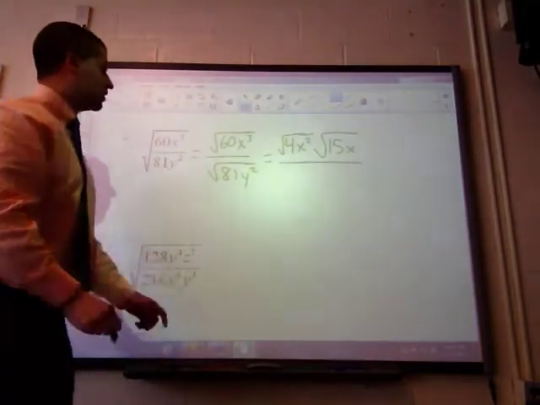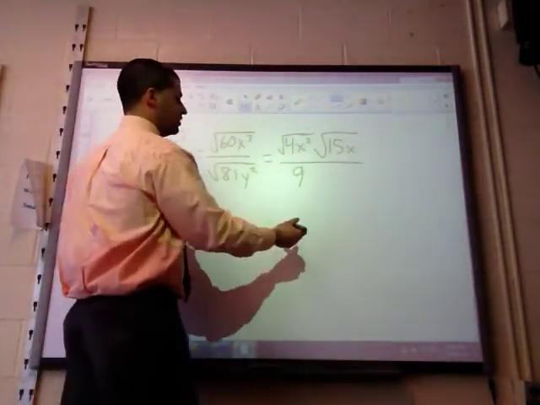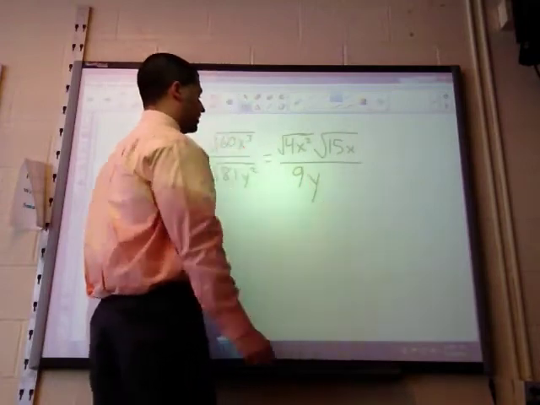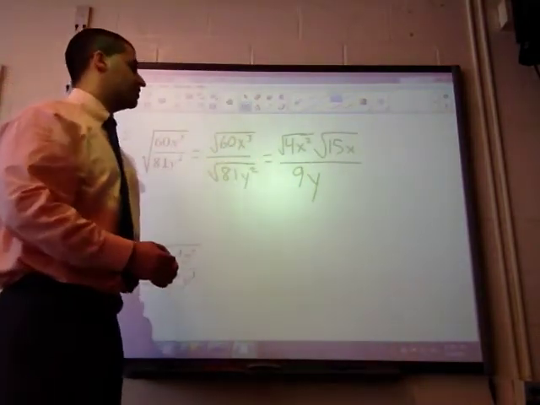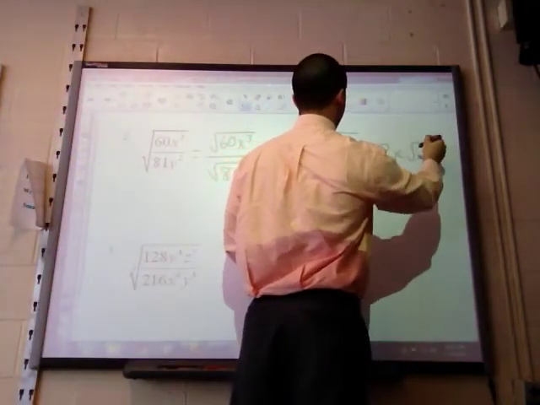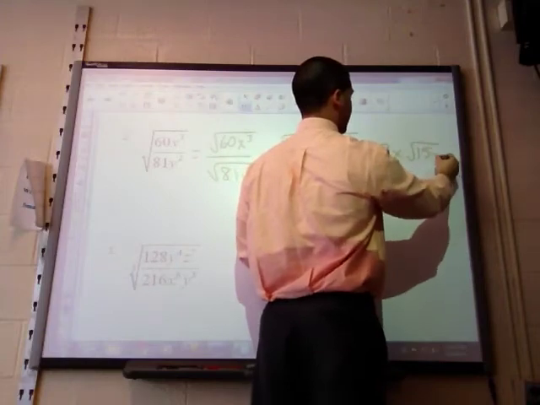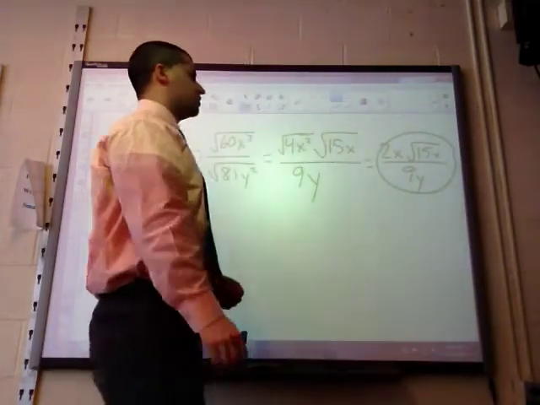On the bottom, 81 is a perfect square. Y to the second is a perfect square, so you can simplify that right away, because you only have perfect squares here. So you get 9y. Let's simplify the top. 2x radical 15x over 9y. And that's as simple as it gets, so that's our answer there.